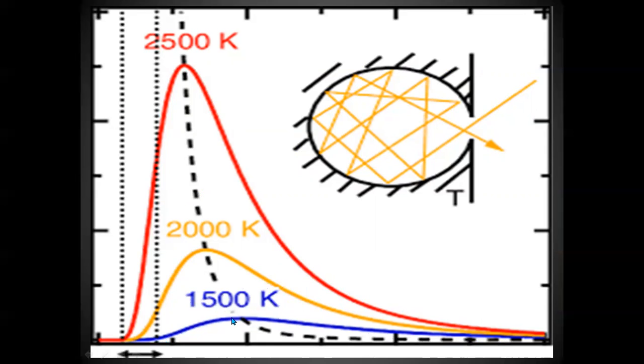This peak is very low, and it is a flat curve. When temperature is increased by 500 Kelvin, the peak is increased and the curve is less flat.